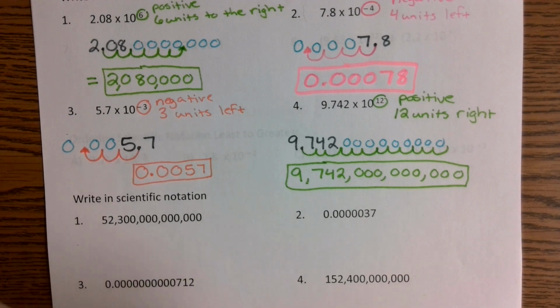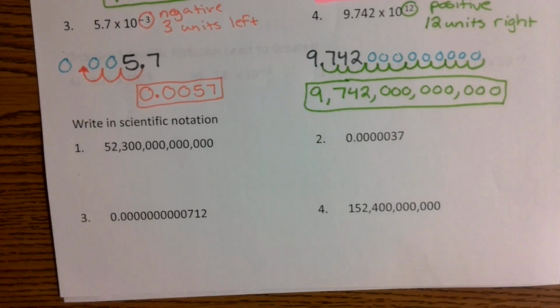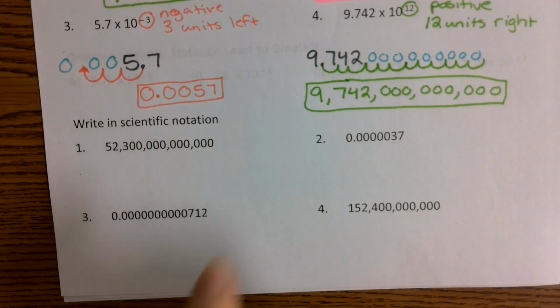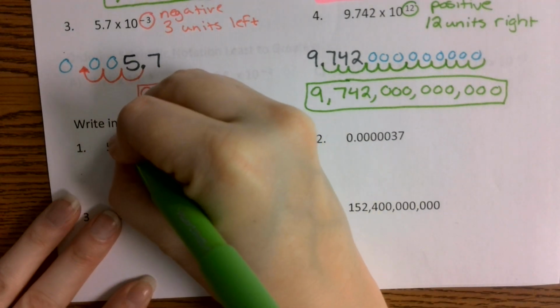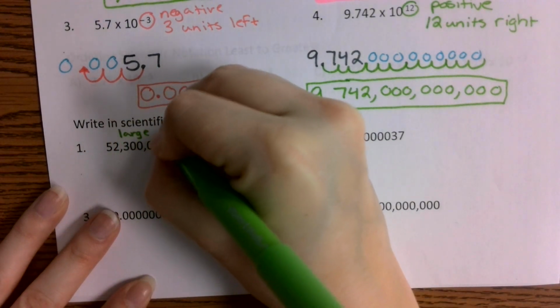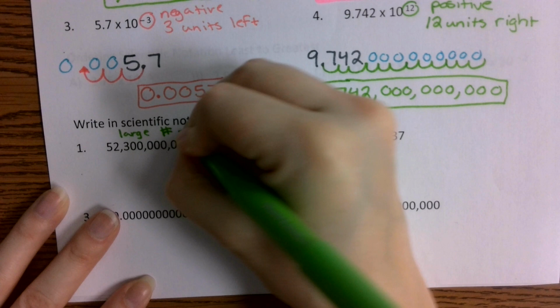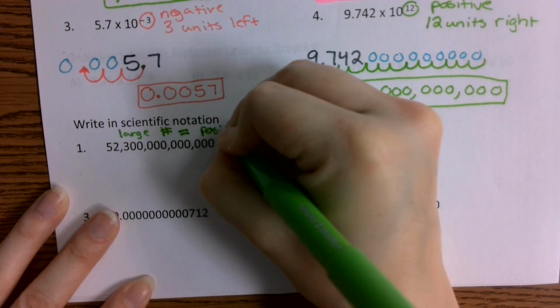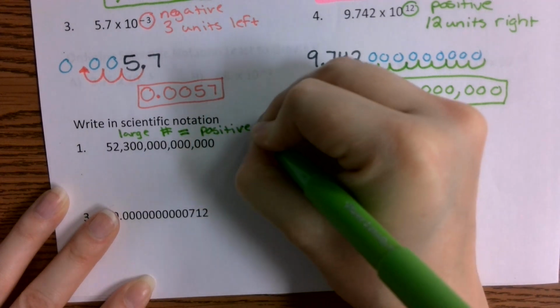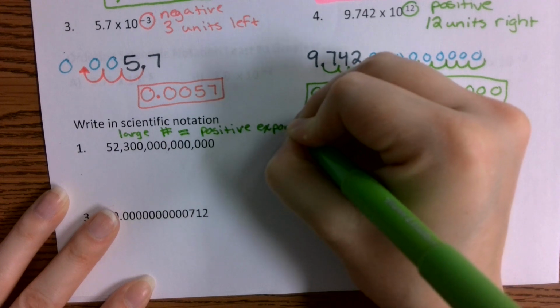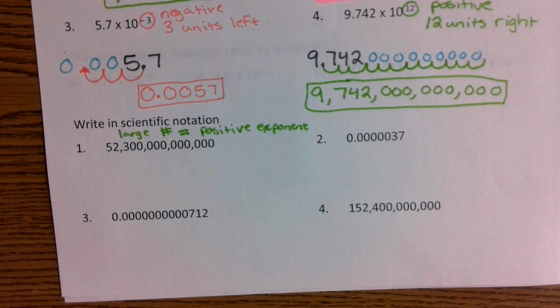Okay, so for the first one, this is a large number, right? A large number means that it's going to equal a positive exponent. A large number is going to become a positive exponent. That's important for us to understand.